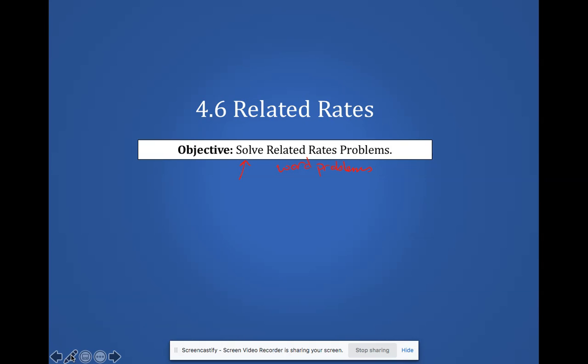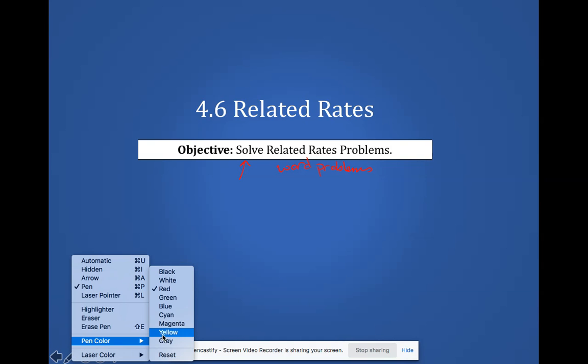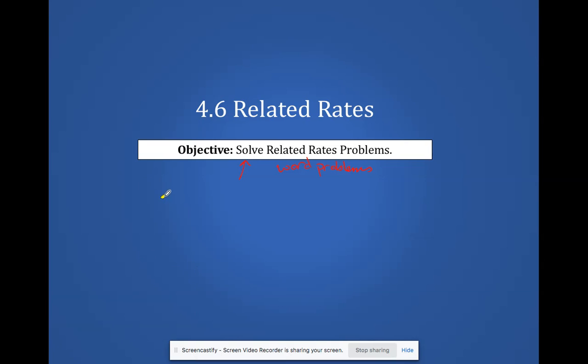So the issue with the word problem is figuring out, do you have related rates? What you're looking for in the words is something that is changing over time.